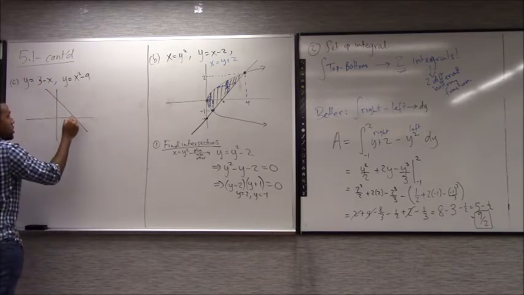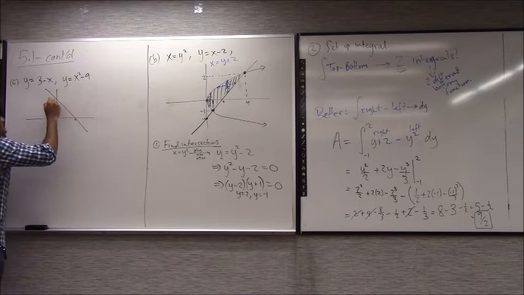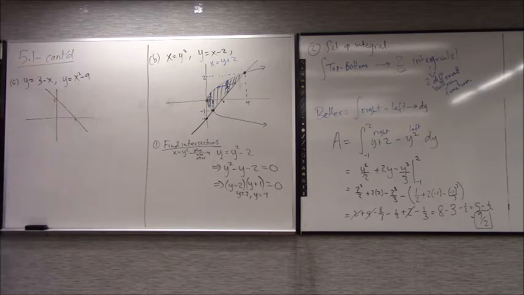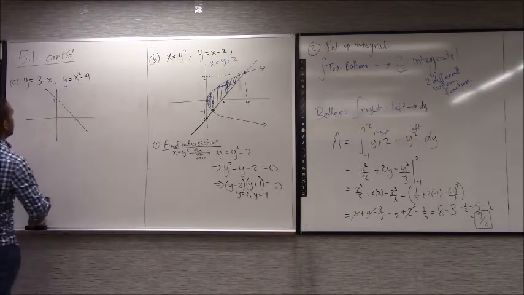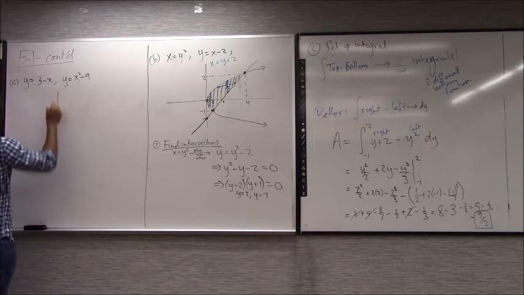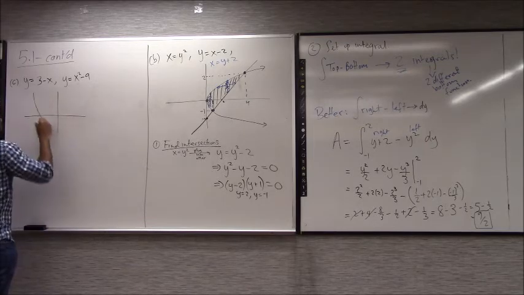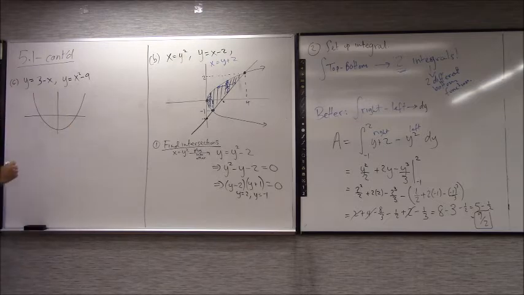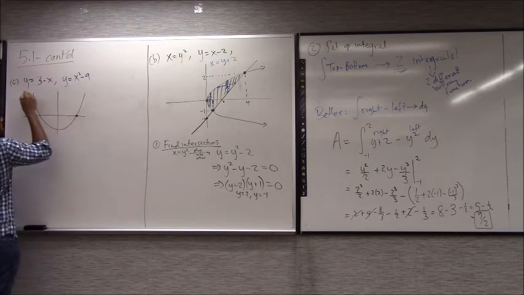Right, it passes through 3 and also 3 here. What about y equals x squared minus 9? This is a parabola. It also passes through 3 here, so those are going to touch.